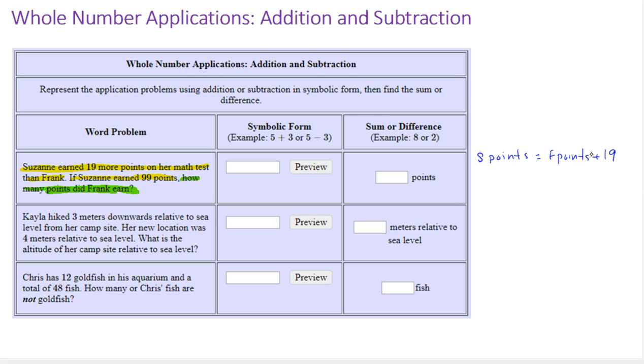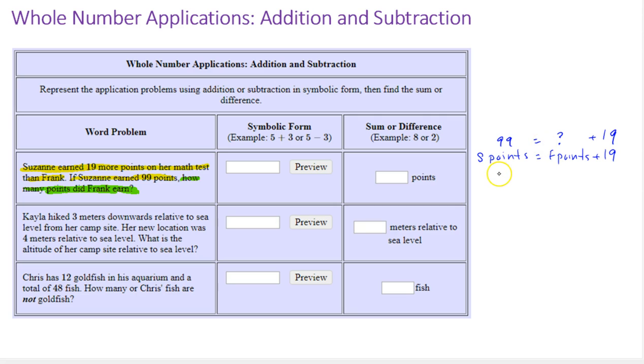Okay, so we know what Suzanne earned, 99. We want to find what Frank earned, and we know the difference is 19. So you can use the idea of fact families here, because here we don't know what to add to 19 to get 99. So how could we rewrite this?